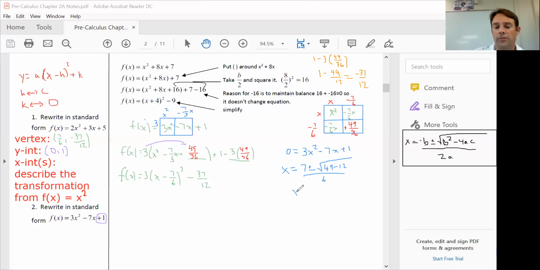Oh my goodness. Friends, I ended up with 7 plus or minus the square root of 37 over 6. Now that is ugly. All right. I'm pretty sure you're not going to find that on the x-axis anywhere.